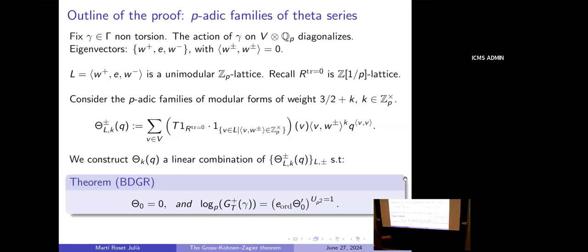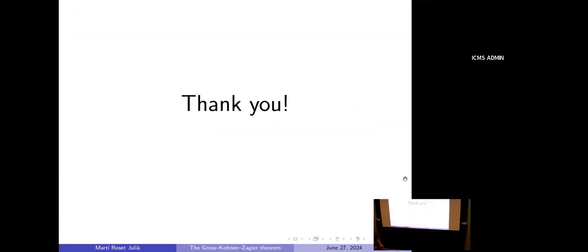But now the theory of p-adic families of modular forms tells us that this right-hand side is a modular form. And therefore, so is the left-hand side. And this gives the proof of the Gross-Kohnen-Zagier theorem. So this is it. Thank you very much.